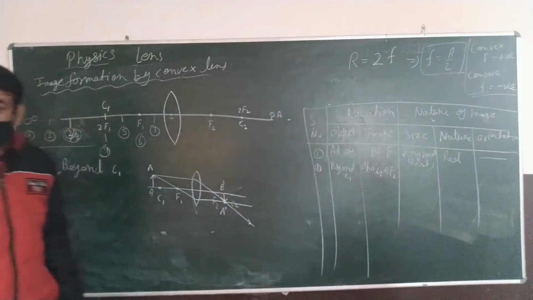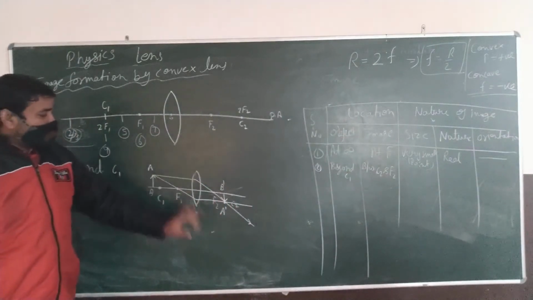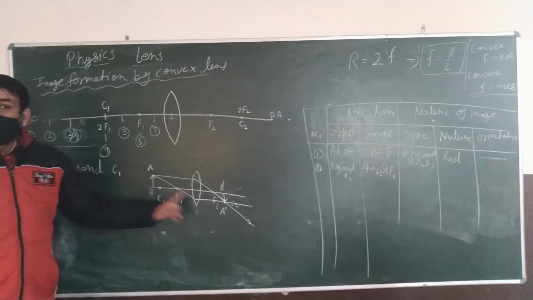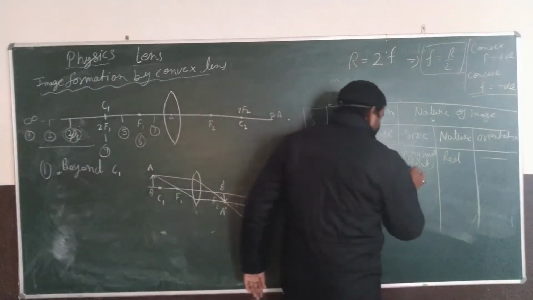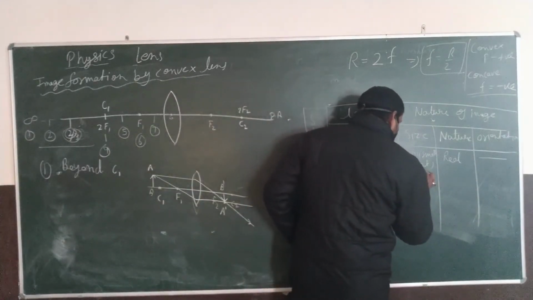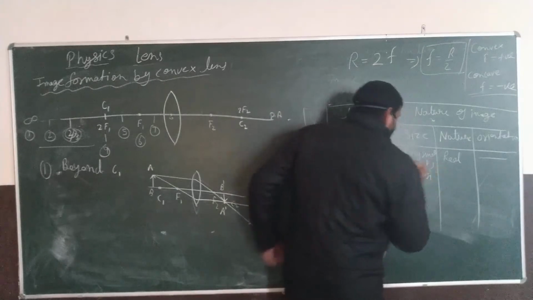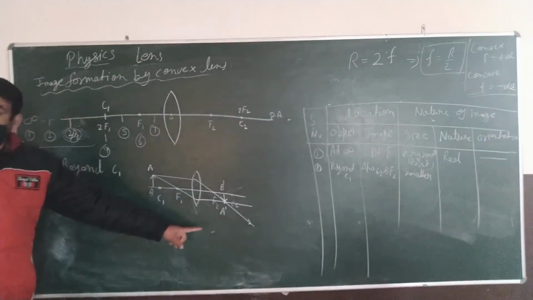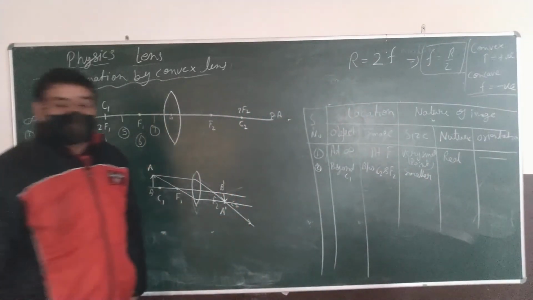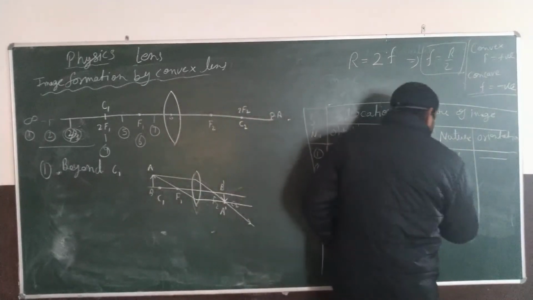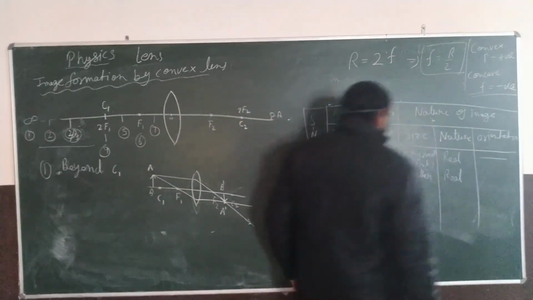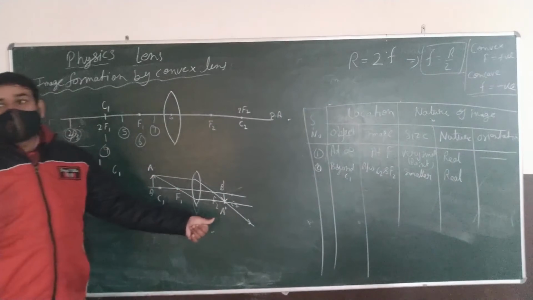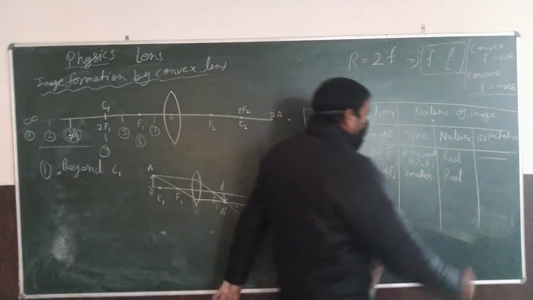Clear or not? Next, size of image is smaller. Clear? Actually meeting or appear to meet? The answer is actually meeting, so it is real. Now what you can say about the orientation is very clear: it is inverted.